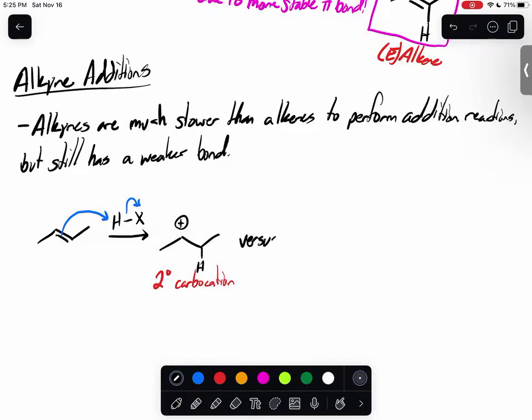Well, for an alkyne, what we end up seeing is on the exact same type of framework, so just a four carbon chain with the alkene or alkyne in the middle, adding in HX, the alkyne will grab the proton and it'll end up forming this carbocation. Now, this doesn't necessarily have a name by the previous classifications that we gave for substitutions of carbons, right? We would normally say that this is an sp2 hybridized carbocation.